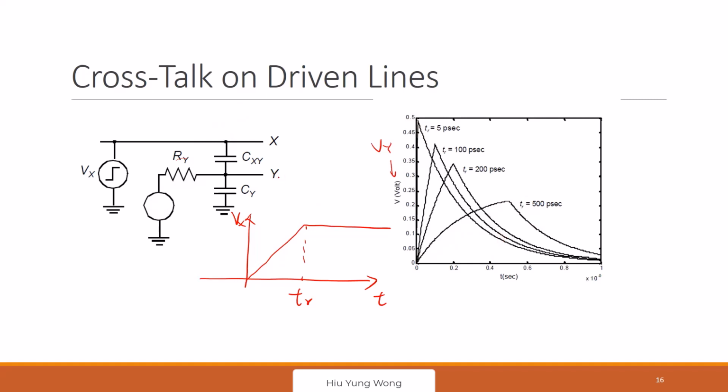Okay, so our goal is to have the rise time, right, much larger than Ry times Cxy plus Cy to avoid crosstalk. So this is just the feeling I hope that you can get, right?